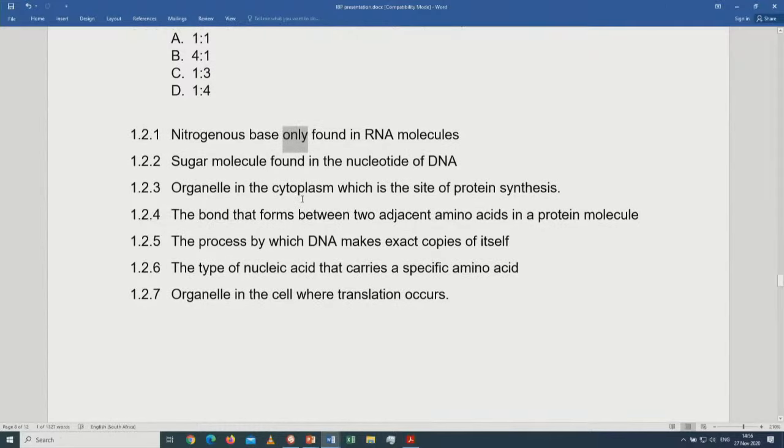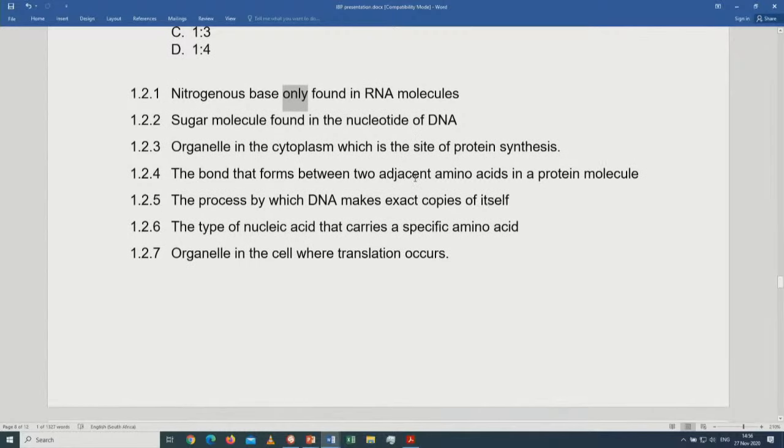It will be uracil. The sugar molecule found in nucleotide of DNA. You know that the sugar in DNA is a deoxyribose sugar. The organelle in the cytoplasm, which is the site of protein synthesis, that will be ribosome. And the bond that forms between two adjacent amino acids in the protein molecule, it's a peptide bond.